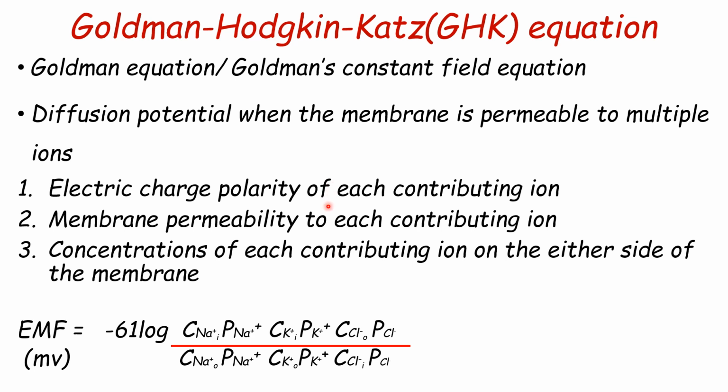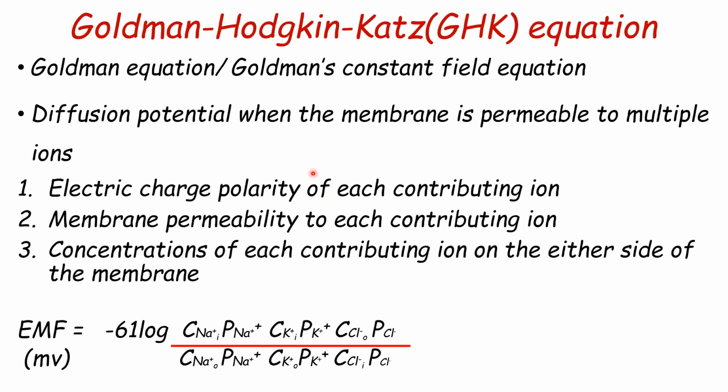The inside will become more negative, and we know that there are multiple anions which are impermeant in the cells. So inside will become more negative and outside will become more positive.